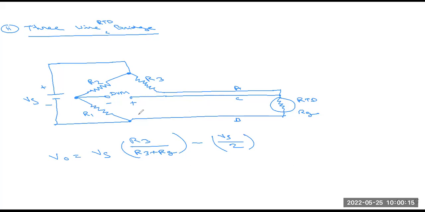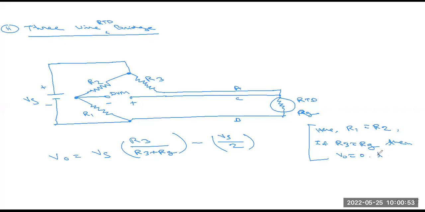Here R1 and R2, please remember, R1 is equal to R2, the values are the same. And if R3 is equal to Rg, where Rg is the RTD resistance, then the output voltage is equal to 0.